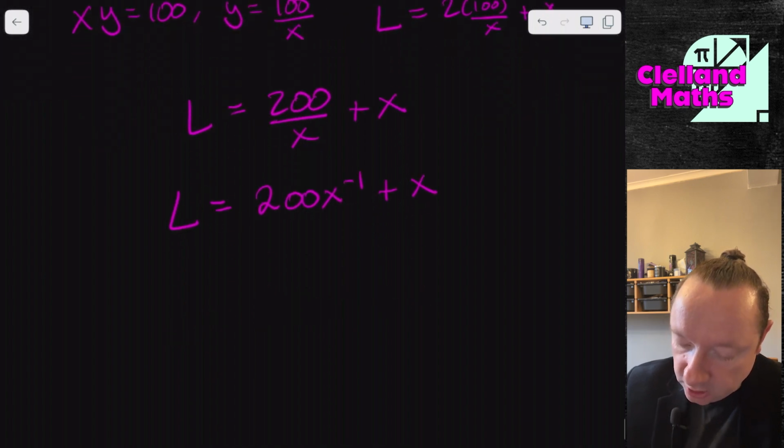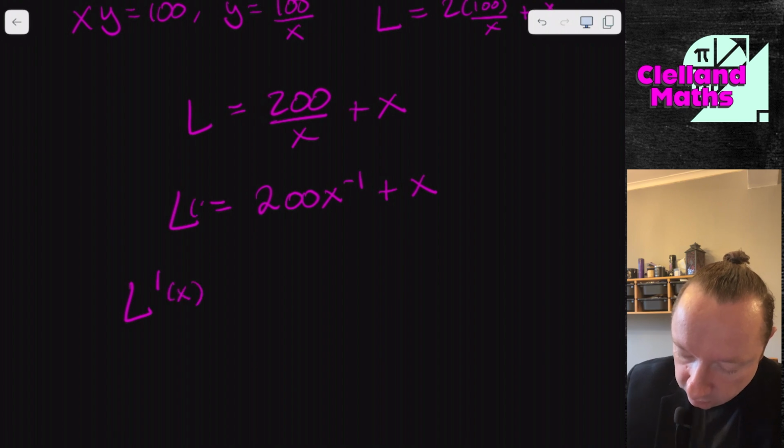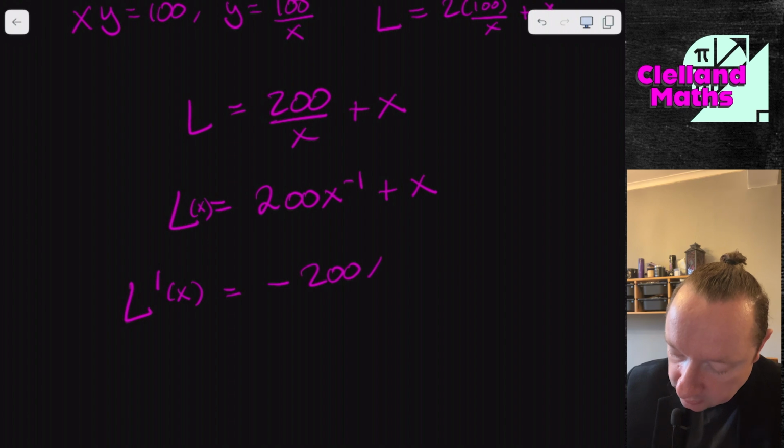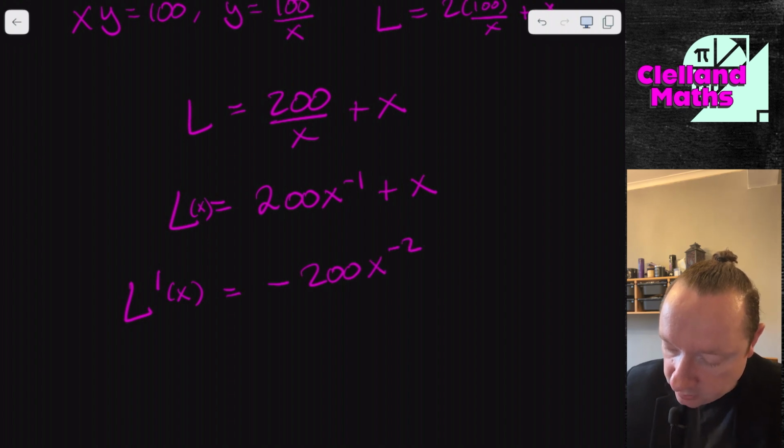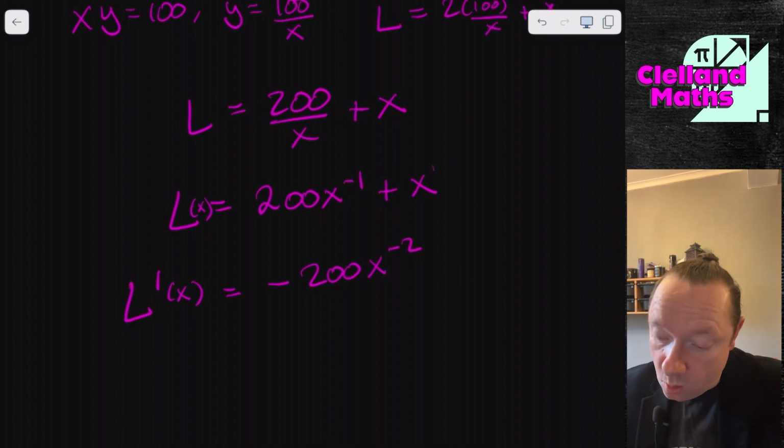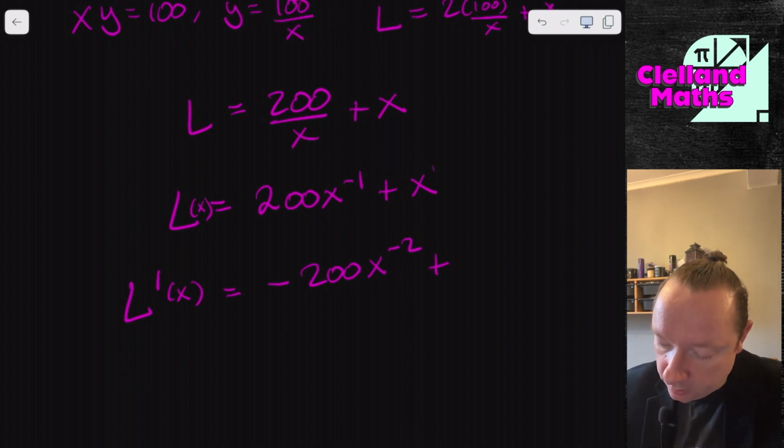Then if I differentiate L, I'll call it L dash x because it's a function of x: minus 200 x to the minus 2, and then x to the power 1 becomes 1 times x to the power 0, which is just 1, so plus 1.